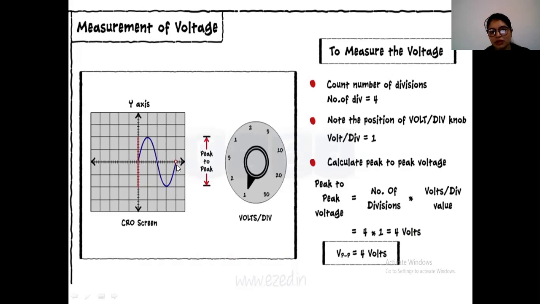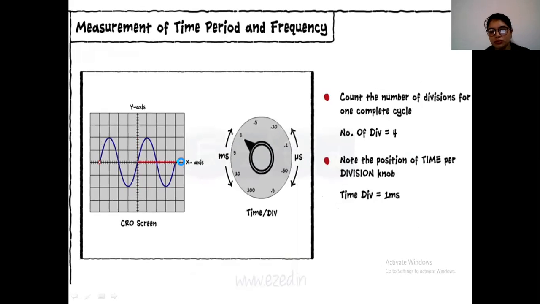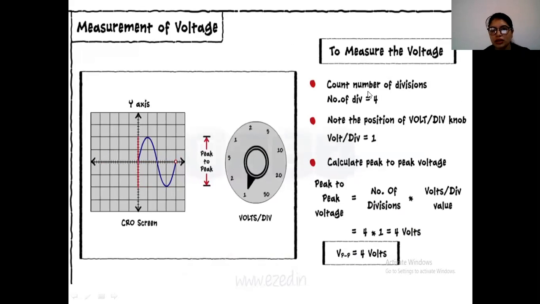Suppose this is the wave and let us assume that the number of divisions is 4. And we will now observe the volts per division switch. Now it is at the 1 position. Note the position of the volt per division knob. As it is at the 1 position, we will mark it as 1.